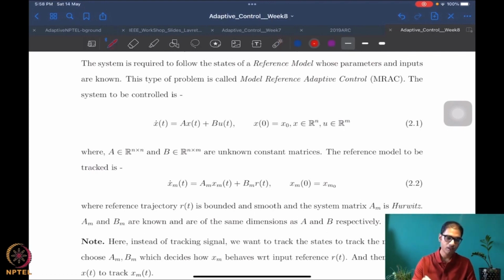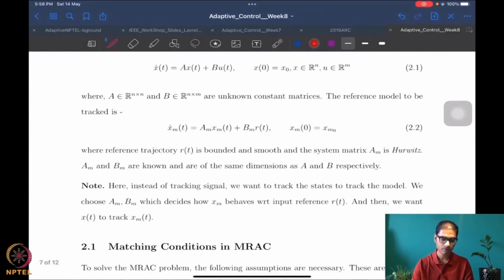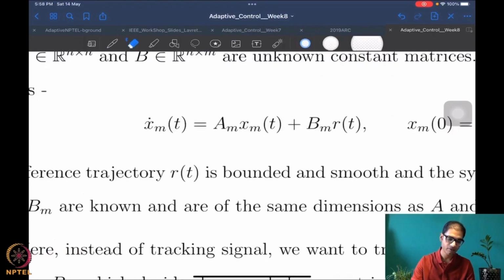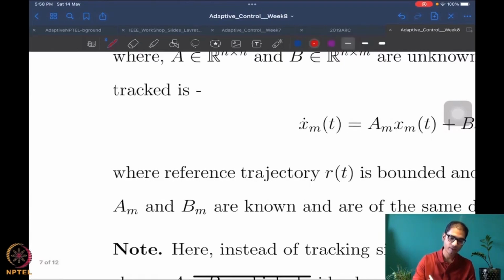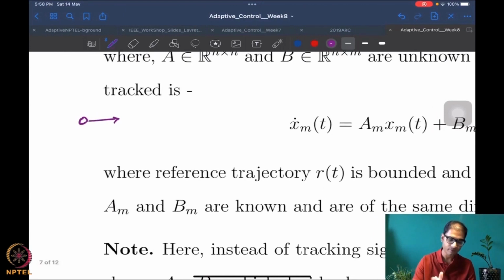If you want to think of it as a block diagram, let me see how this will be. Let me make this bigger first. So usually I will have a reference here, and then I will have some kind of a control block here. Then I'll have a plant block here.